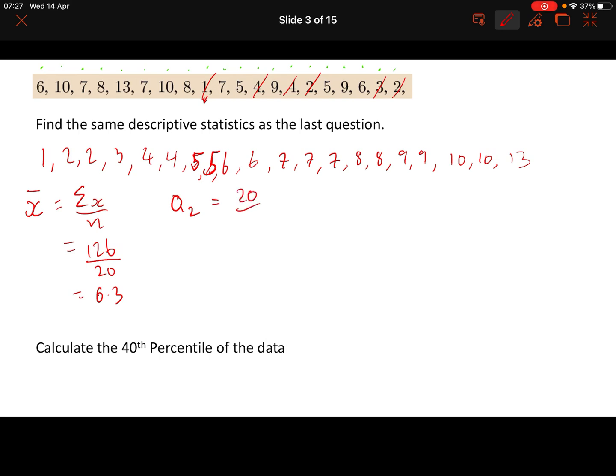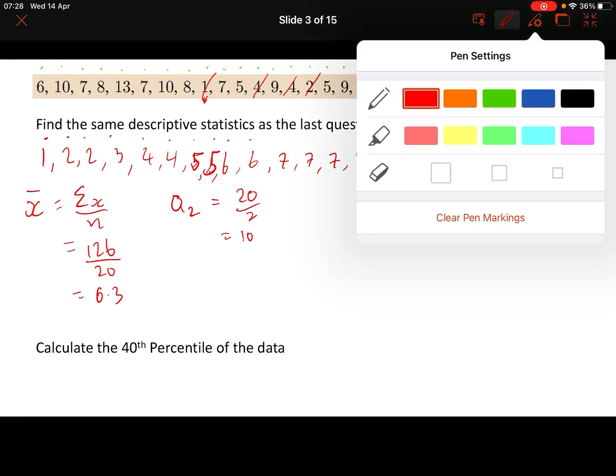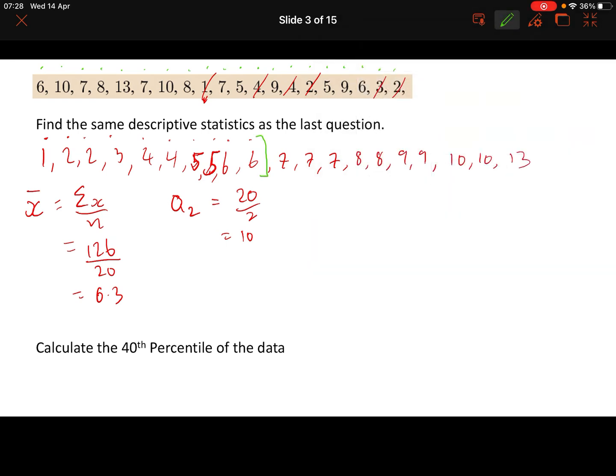Okay, the median. Now this time you've got 20 data points, so you'd be foolish to do this. 20 divided by 2 is equal to 10, so you take the 10th value. Okay, that is not true. Where is the 10th value? 1, 2, 3, 4, 5, 6, 7, 8, 9, 10. Okay, so we can split the data in half, and you can see clearly from that there is actually no number that is in the middle.